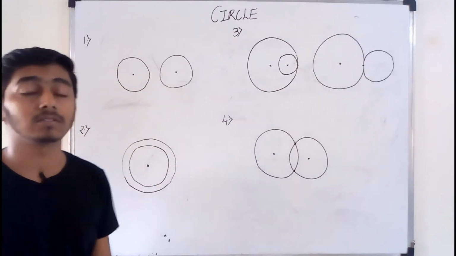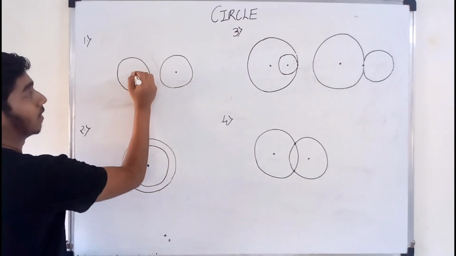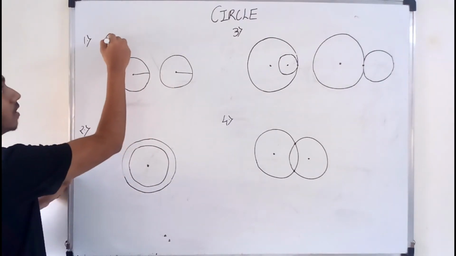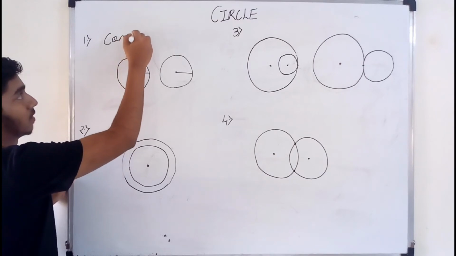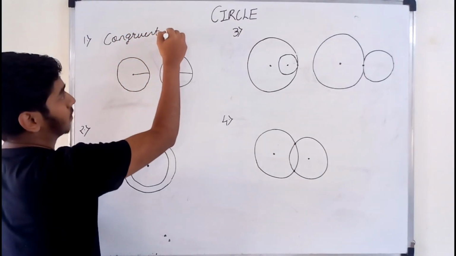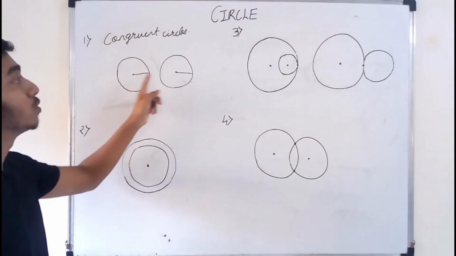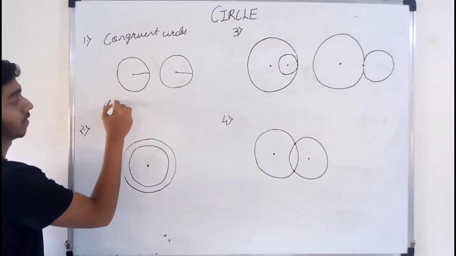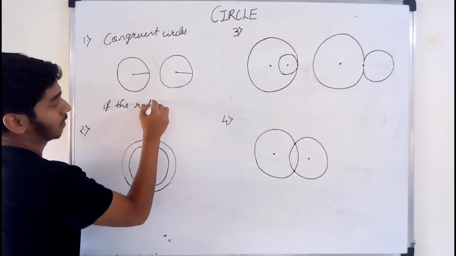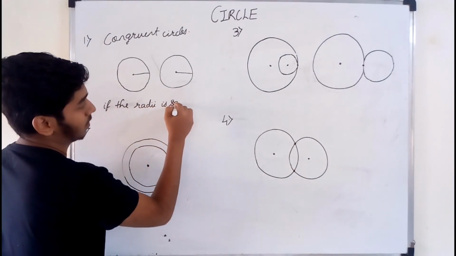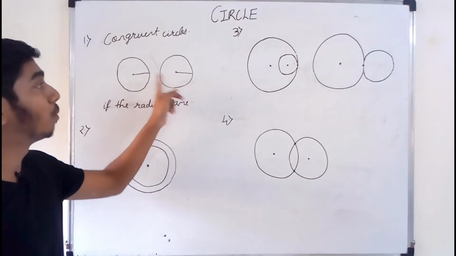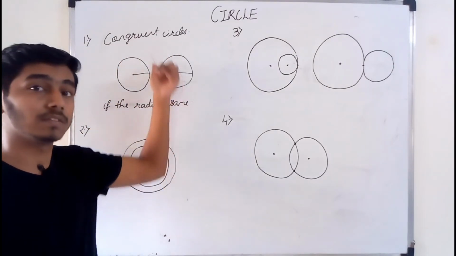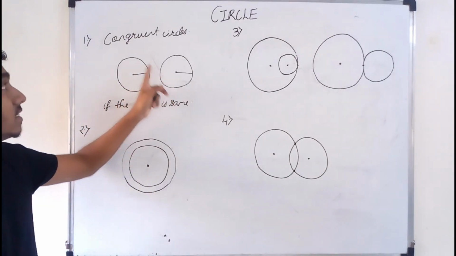If I draw the radius of both, these two circles can be called congruent circles if the radius of both circles is the same. So if the radius is the same, they are called congruent circles.